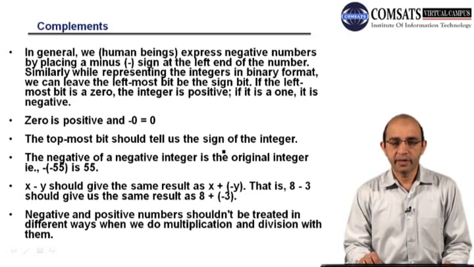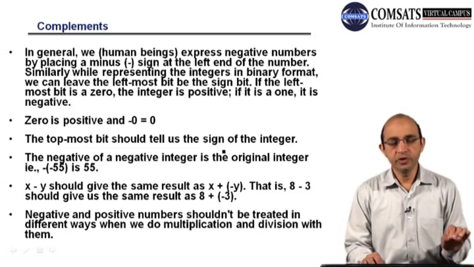Your 8-bit number can represent from 0 to 256, and after reserving 1 bit for the sign, you are left with 7 bits, and now you can represent from 0 to 128, or you can say a total of 128 numbers.